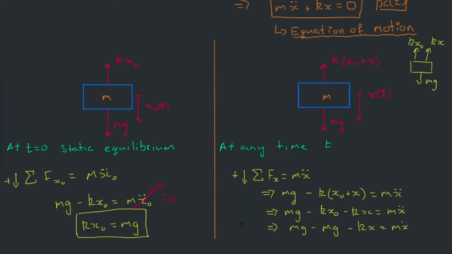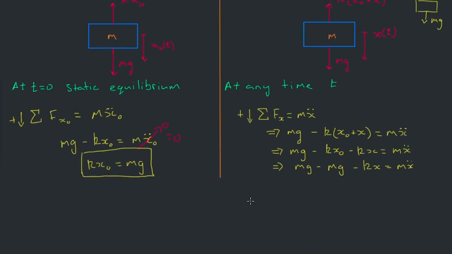So I'm sure you can see that our mg's here are going to cancel because they're exactly the same. And then we rearrange, and we are left with m x double dot plus kx is equal to 0.